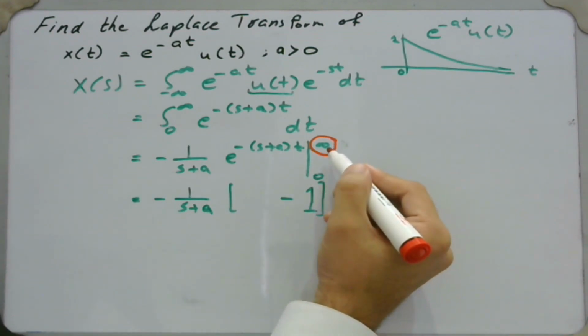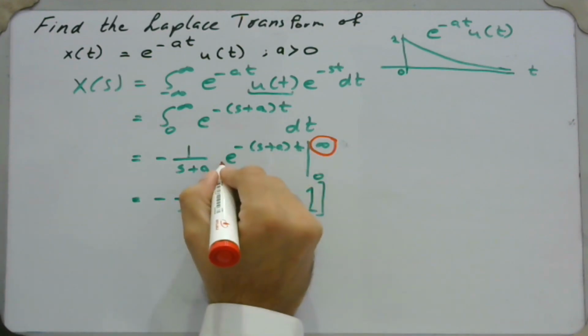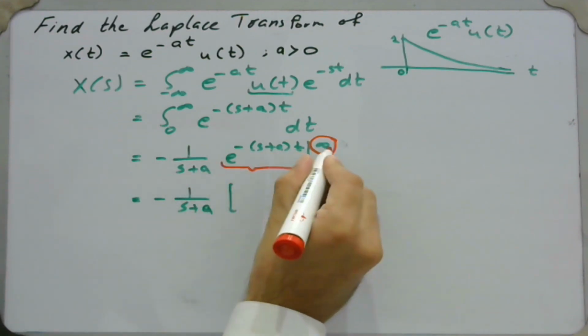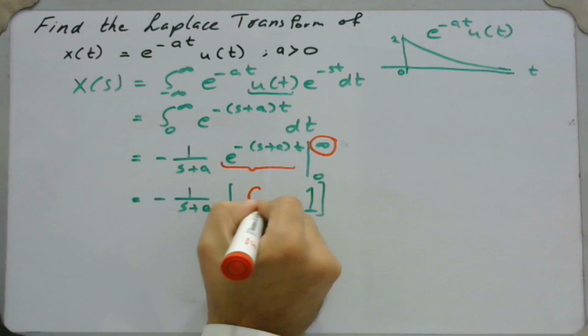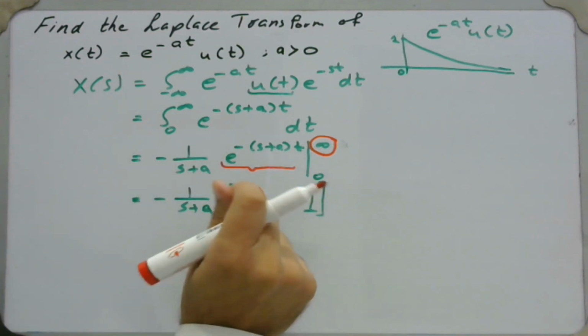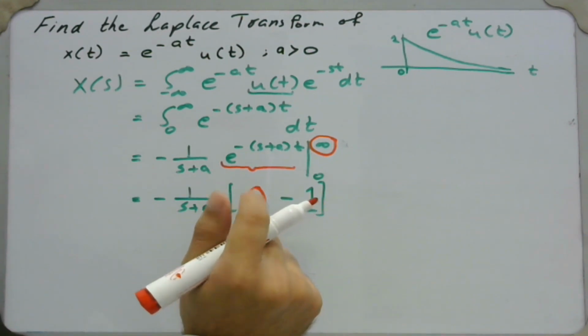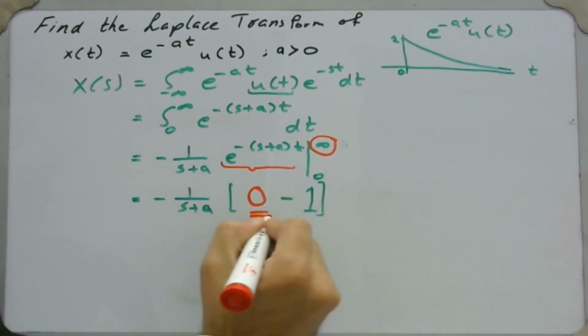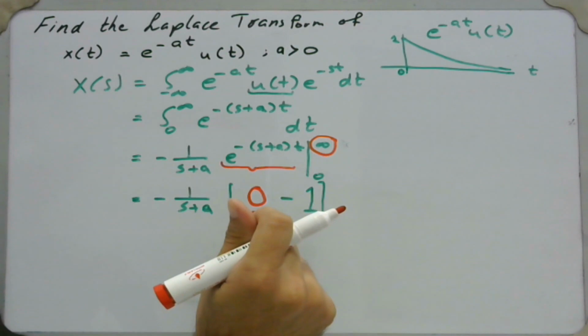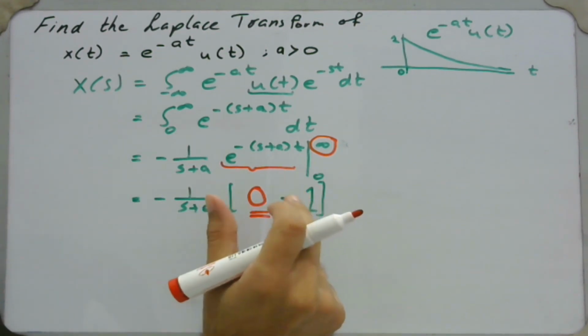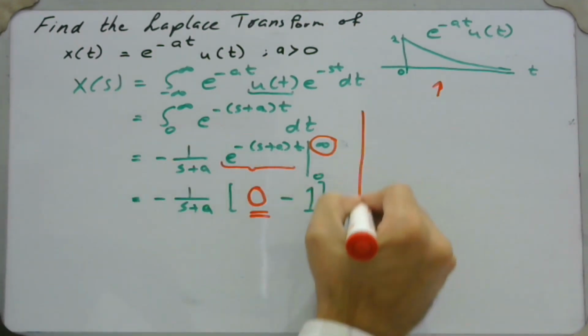If it converges, this whole function at time infinity would have a value of 0. And if it diverges, then that would mean that this function would have a value of infinity. So when does this function have a value of 0? This would dictate the region of convergence.